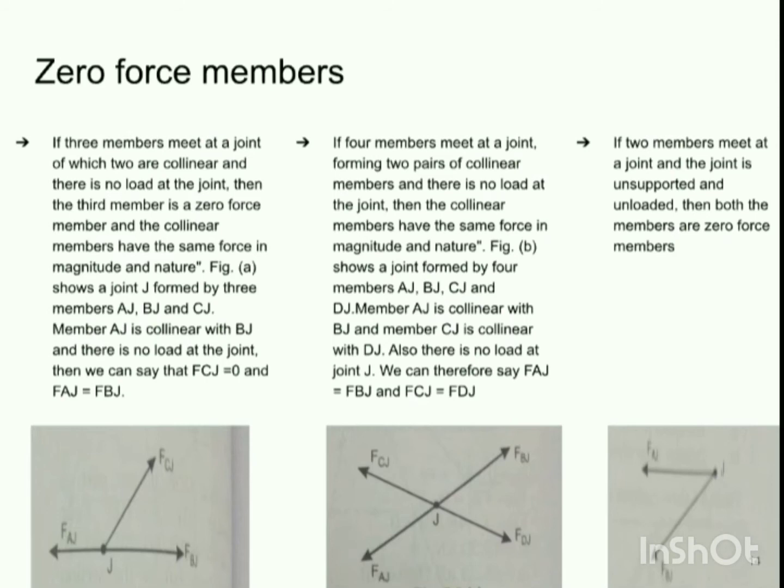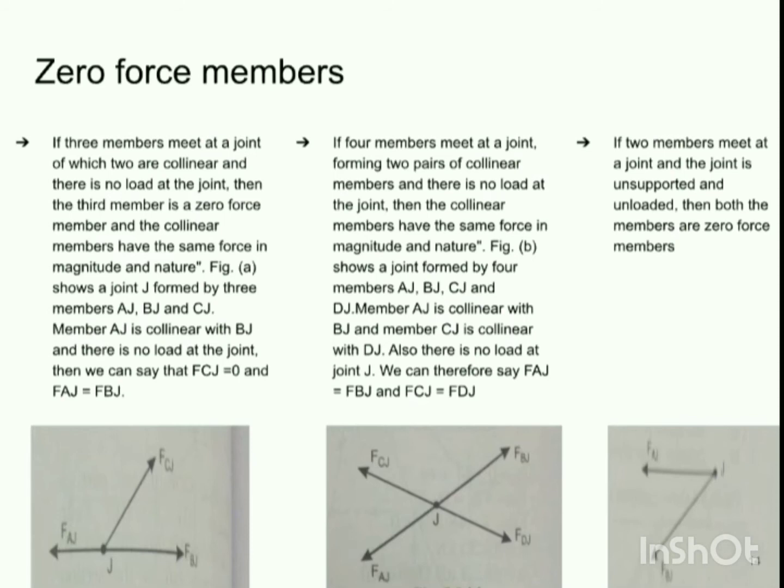In the first figure, you can see there are three forces acting at a joint J, and there is no external load acting over here. So if you apply summation Fx over here, you will get Faj is equal to Fbj, that is the two horizontal forces which are acting away from joint J. The first one in the left direction is Faj, on the right hand side Fbj.